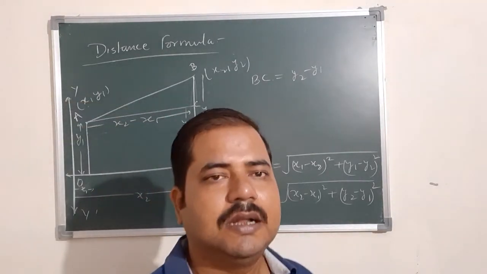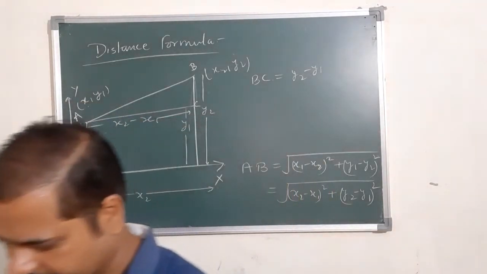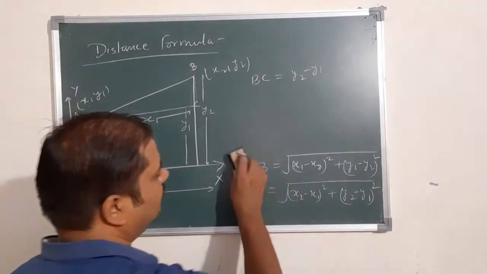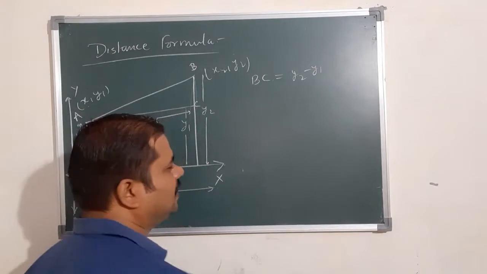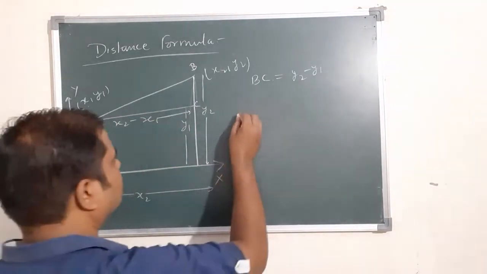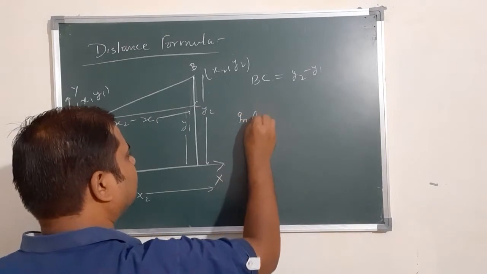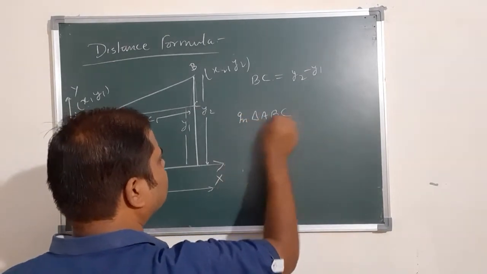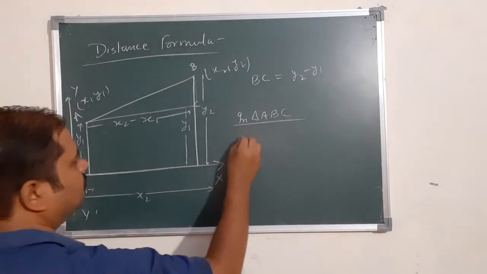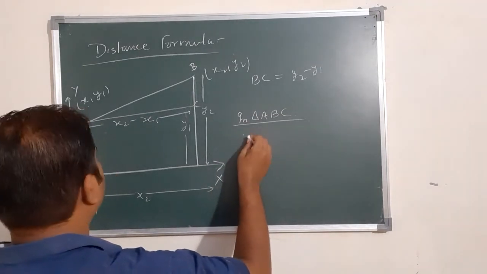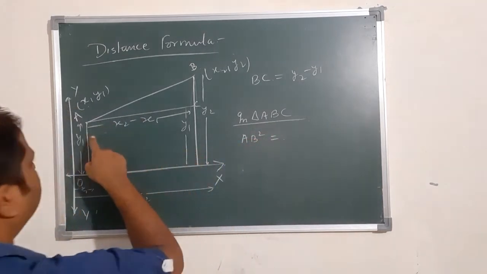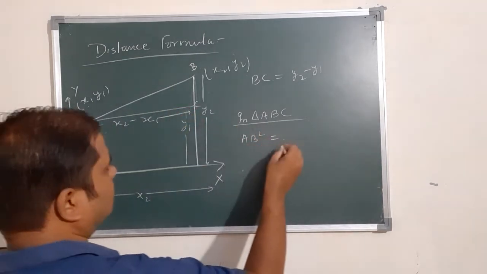So in triangle ABC, this is a right angle triangle, and using the Pythagoras theorem in triangle ABC, we have AB square is equal to BC square plus AC square.